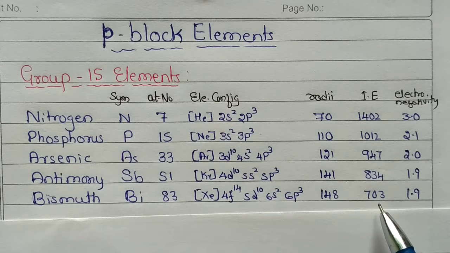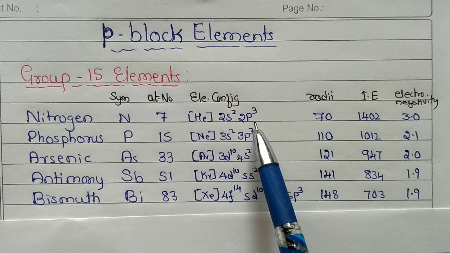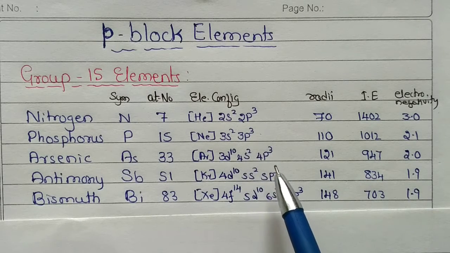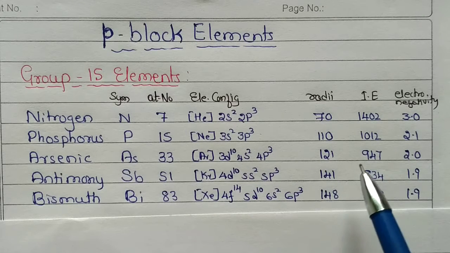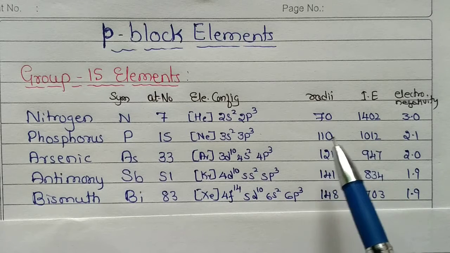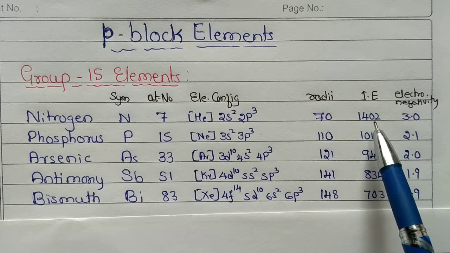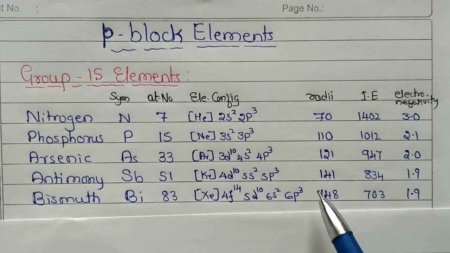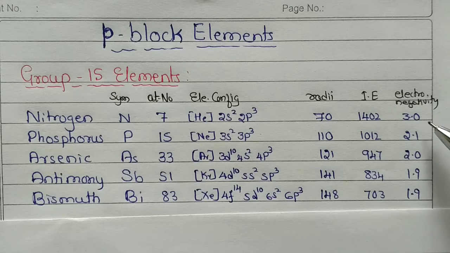And one more thing, if you observe, the p orbital is half filled. Half filled is more stable. Therefore, when you compare with the 14th group, ionization enthalpy of 15th group elements is higher. Electronegativity decreases down the group.